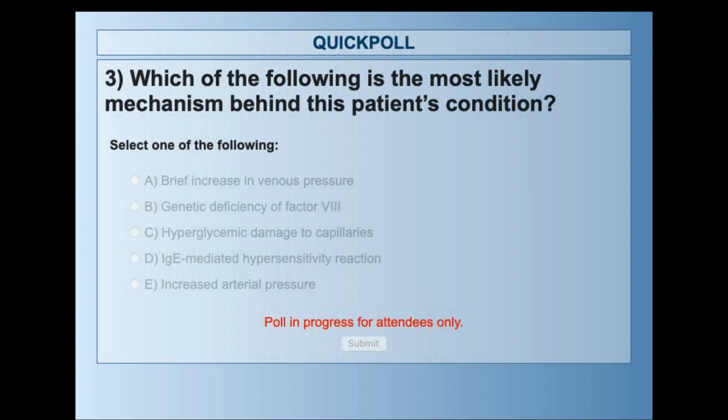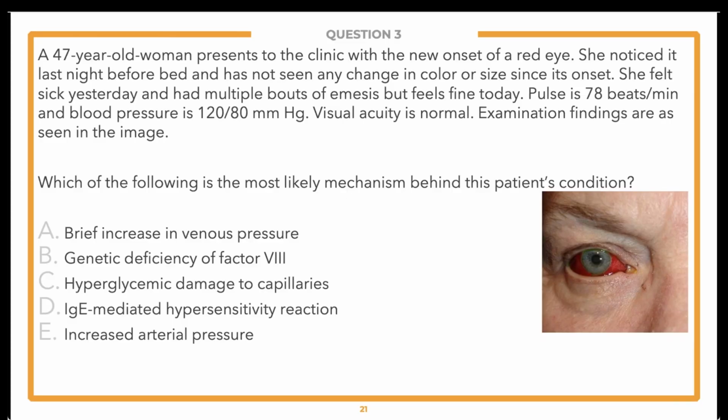Okay, so almost three-quarters of you have voted. So let's go ahead and close the poll, and we'll share the results. A little over a third of you went with a brief increase in venous pressure.